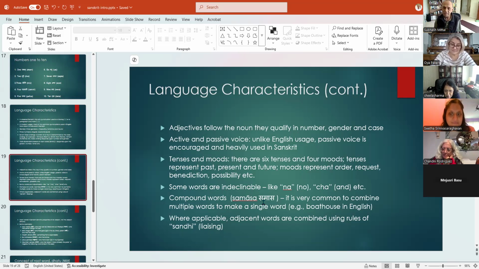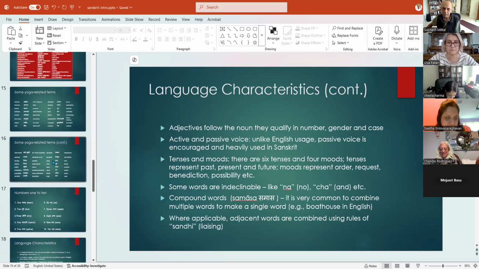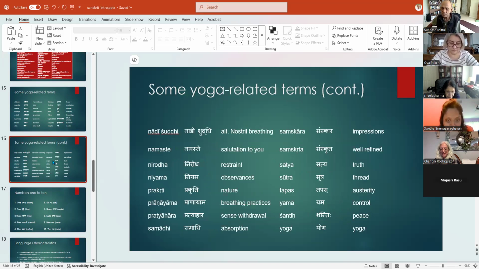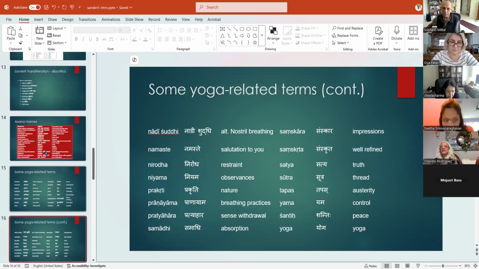Somebody gave an example of almost 18 words put together into a single word, and then it's a challenge to break that into pieces. So that's called a samasa. And then, of course, sandhi. Sandhi is very common in Sanskrit.